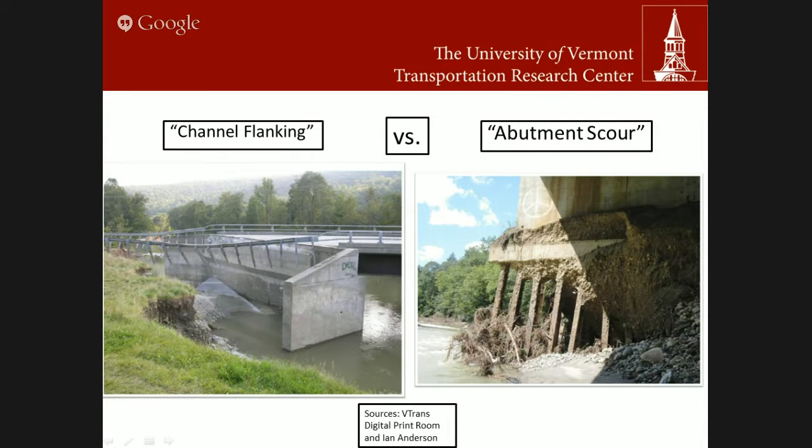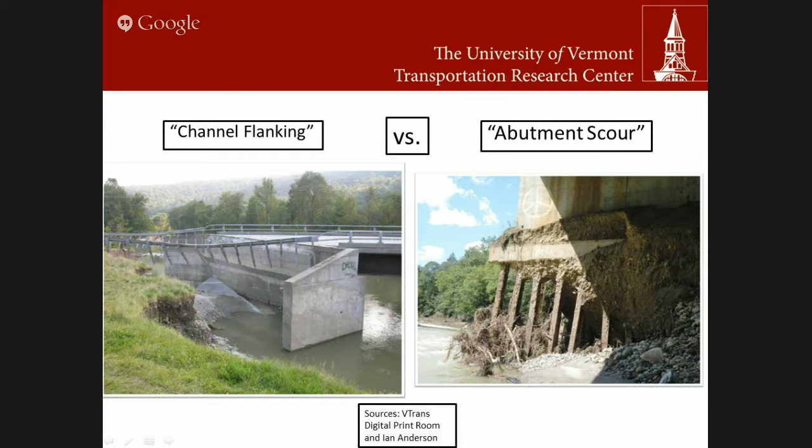So you can see in this image here that the bridge foundation and piles, much like that image in the manual, are shown because the bridge foundation itself was eroded out from underneath it, as compared to channel flanking, which is the erosion and removal of material around the bridge. So the waterway actually just went and eroded the embankment that leads up to the bridge rather than underneath the bridge foundation itself.